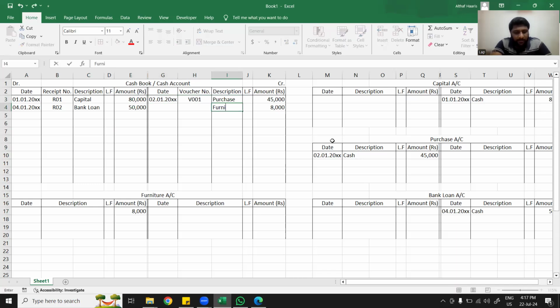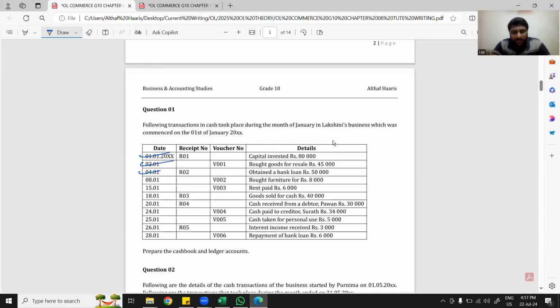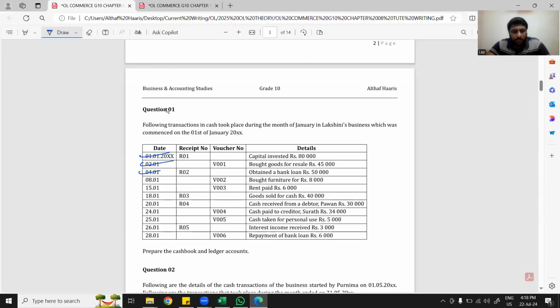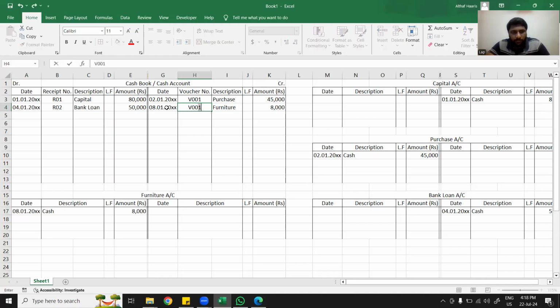Here write furniture. Here write cash. And the date 8/1. Voucher number 2.